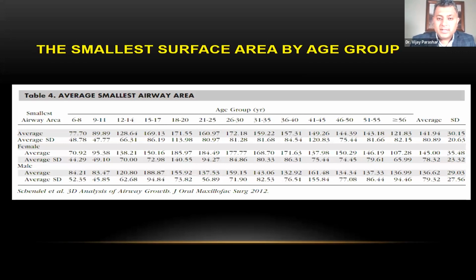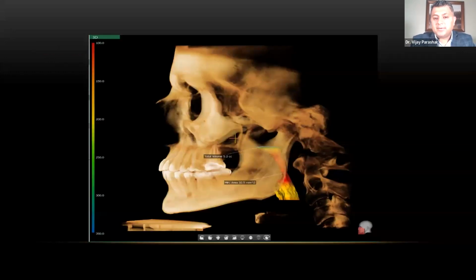So that was one way they came up with these numbers. And second thing is they looked at patients who had obstructive sleep apnea, that they already were diagnosed with sleep apnea, and they looked at their airway when they were awake, when they were seated or standing in a cone beam machine. And that is where these numbers come from.